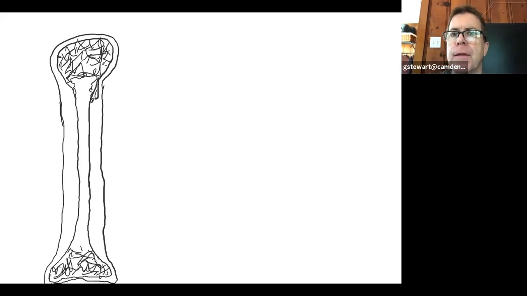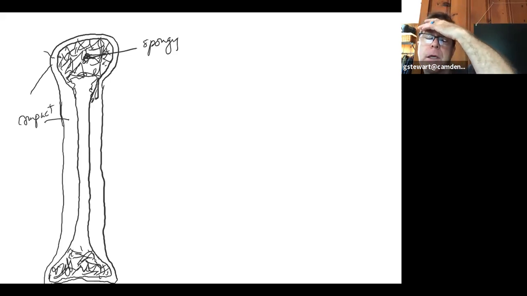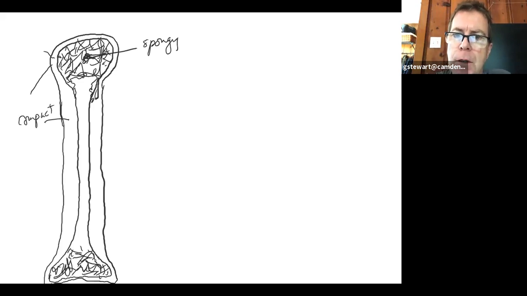So this is compact bone, and it also surrounds this area out here as well. And then in the center of the ends is spongy. Now I'm going to use this typical long bone structure to identify all of the structures that you need to learn on a generic, especially on a long bone.